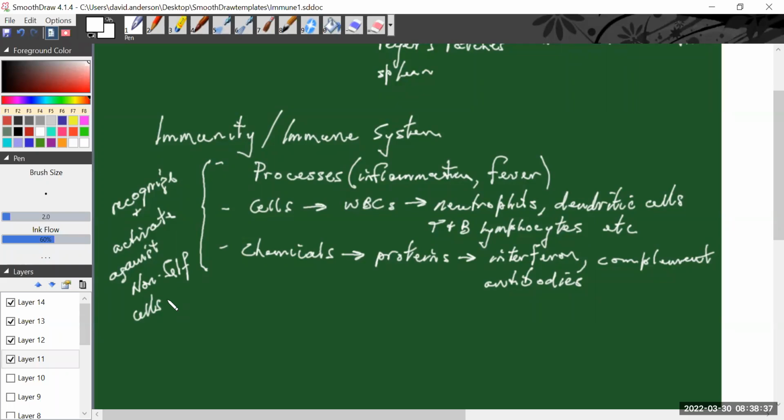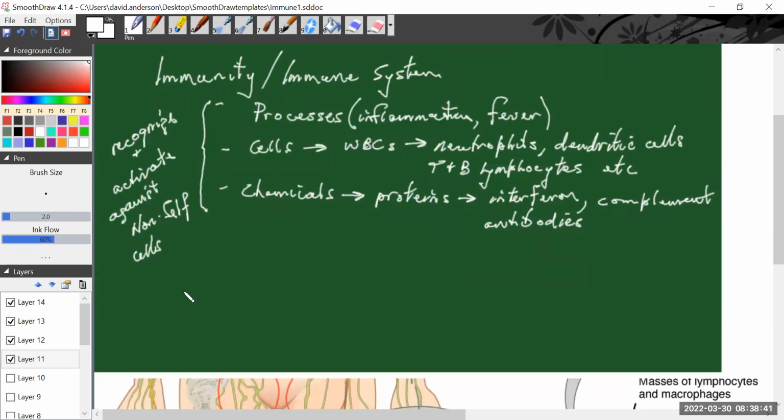So when we talk about the immune system, it's a big, big system. There are literally trillions of cells that will be involved in these processes. The processes of inflammation, of cell activation, chemicals that are going to play a role in messaging, as well as action against non-self entities, whether they're cells or fragments of cells and so on. But it's complex. It's complex.